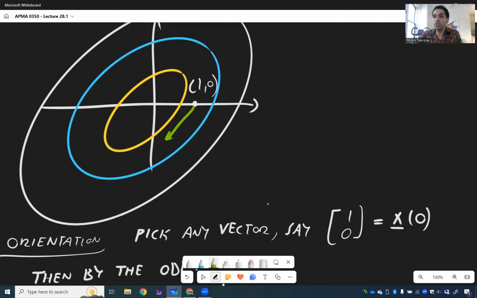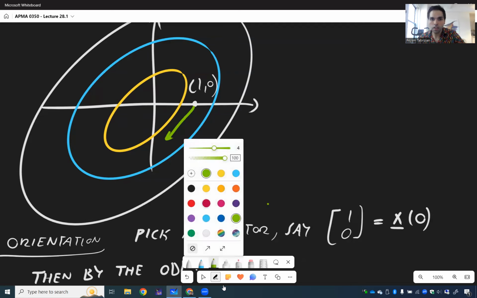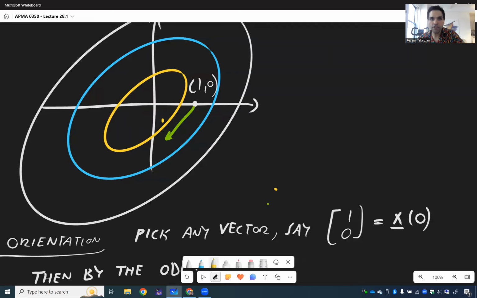So this tells you that actually the solutions have to go clockwise. So they have to go in this direction, because otherwise it wouldn't check out with the arrows. Again, one's here and one's here.